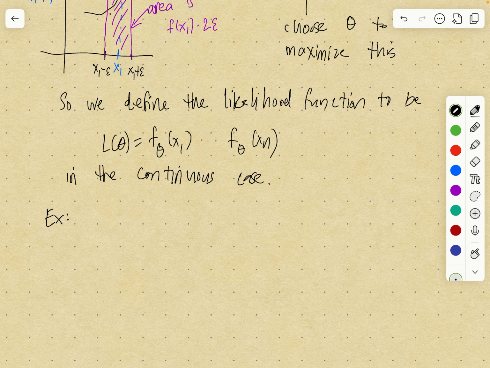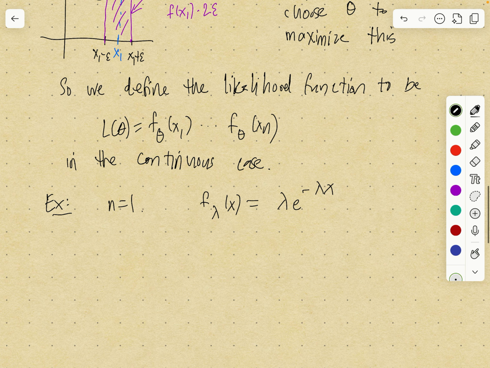Here's an example in the continuous case. Let's just take n equal to 1. And suppose that you measure something that is given by an exponential distribution. So you have f sub lambda of x is lambda e to the minus lambda x.